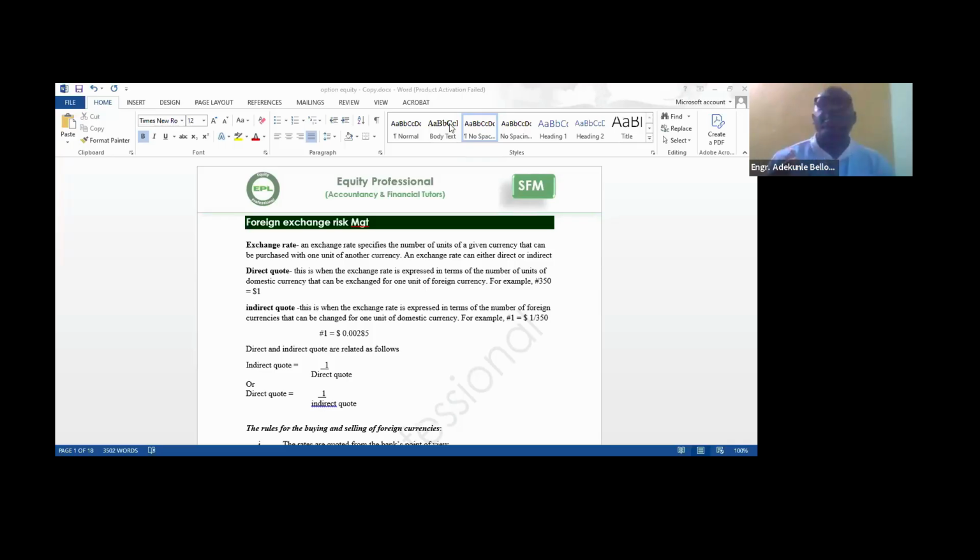The exchange rates can be stated directly or indirectly. Your exchange rates can be quoted either direct or indirect.